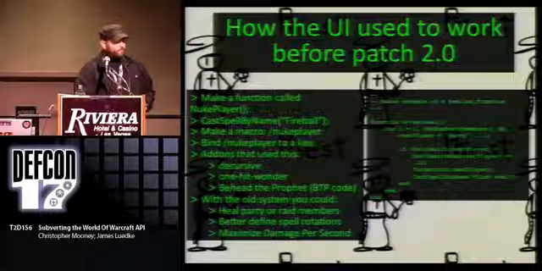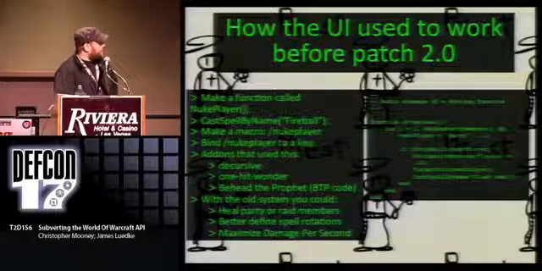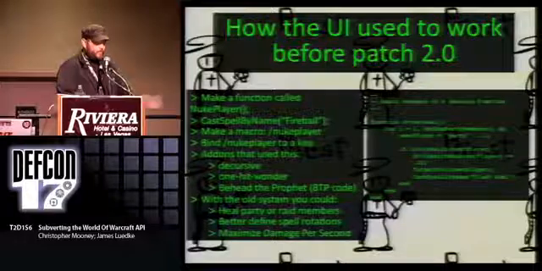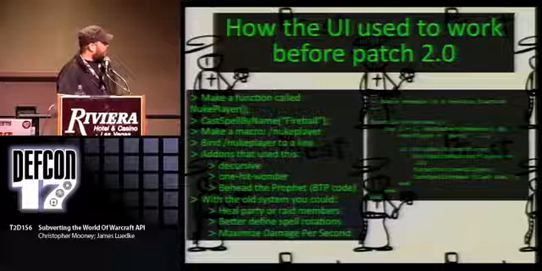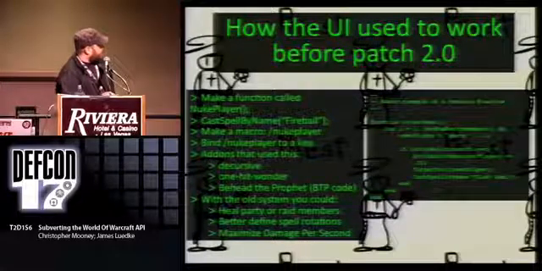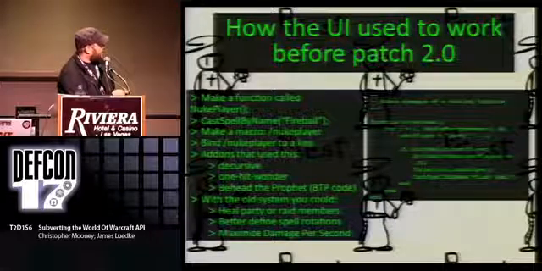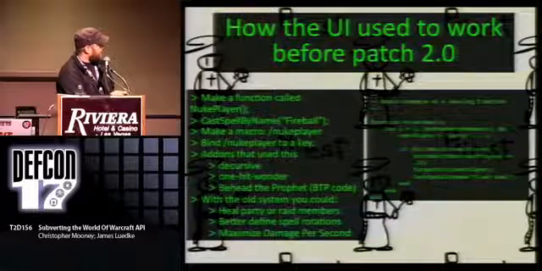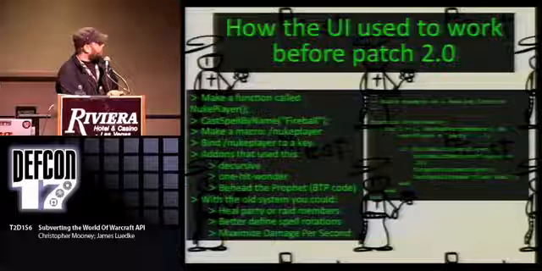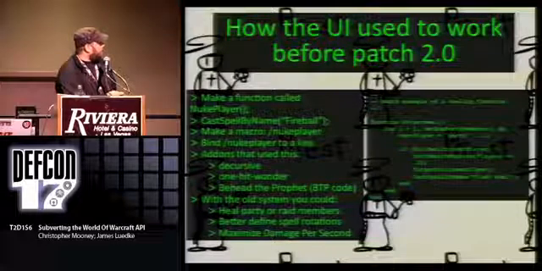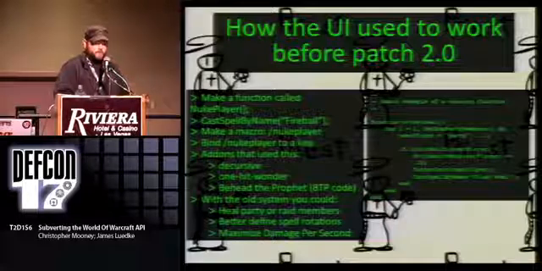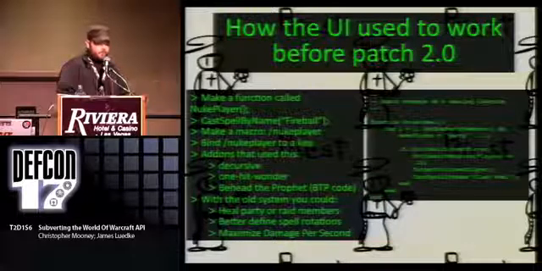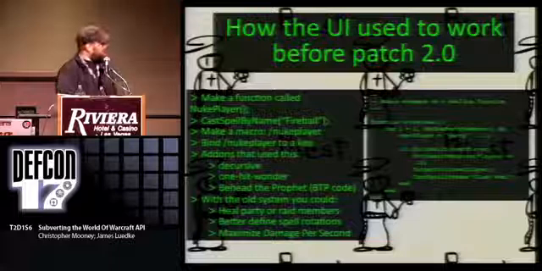So the UI in the 2.0 patch. For those of you who played World of Warcraft before Burning Crusade, and you're old school, you used to be able to make a function like nuke player, and then create this cast spell by name fireball, make a macro, bind that to a key, and from a key press cast a spell like that, without macros, in Lua, in the API language they had provided for you.